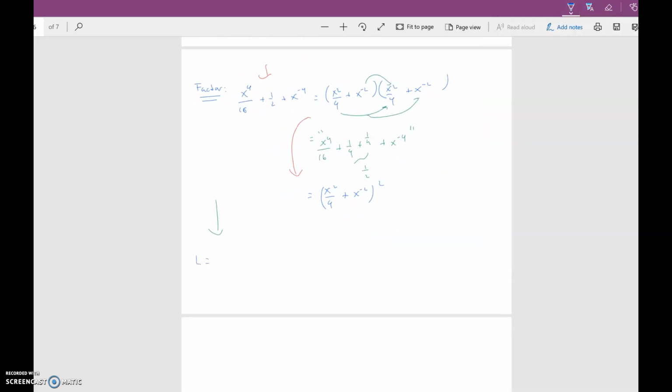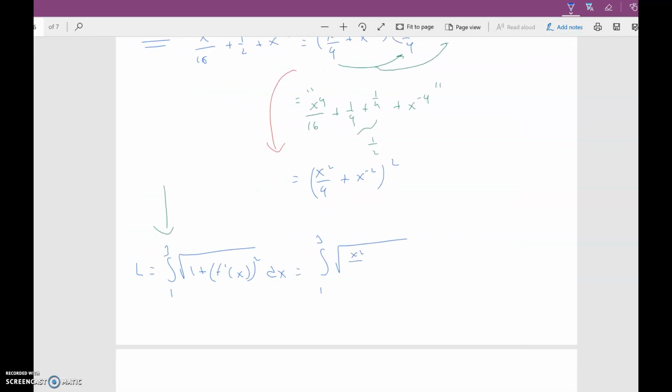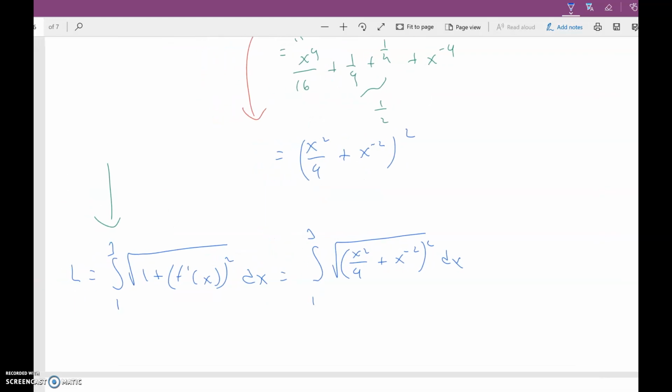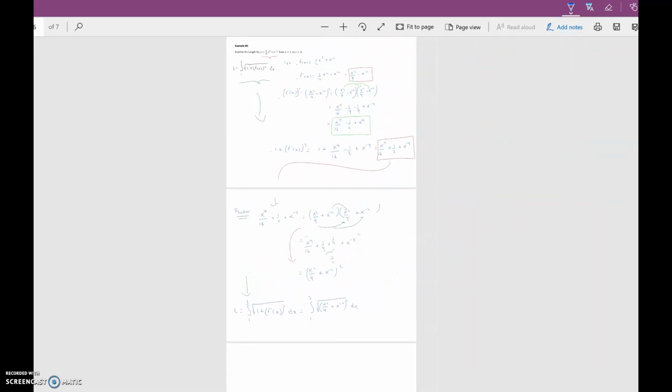We're going to have that L is equal to the integral from 1 to 3 of the square root of 1 plus f prime of x squared dx, which is equal to the integral from 1 to 3 of the square root of x squared over 4 plus x to the negative 2, and then we have that squared, dx. Now there's no guarantee that this is going to work on all of them, but it's a pattern that you're going to see in this section.